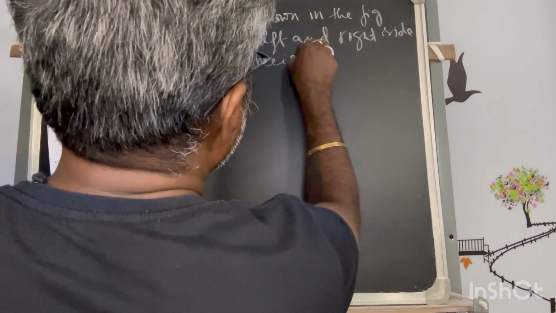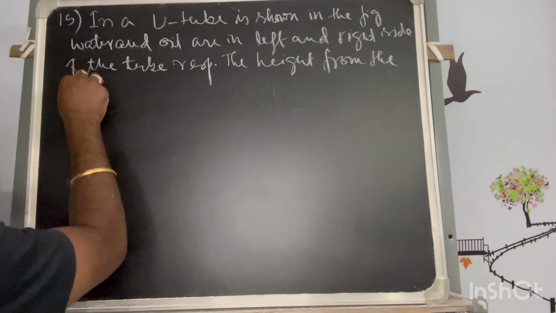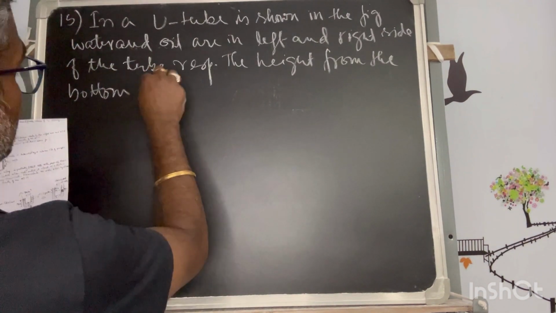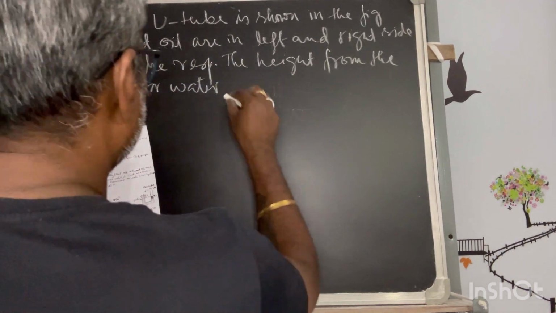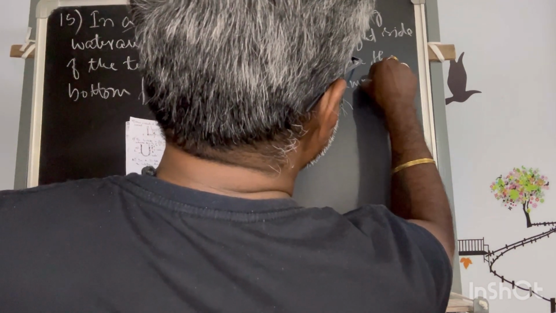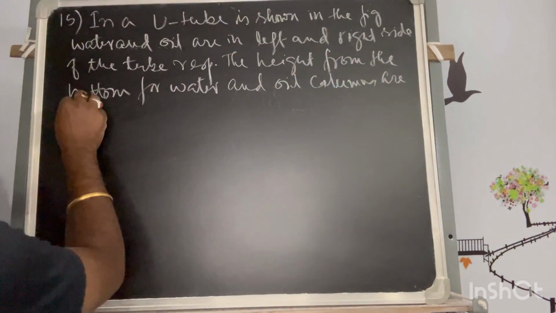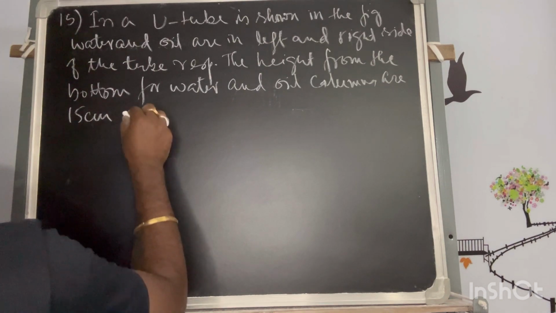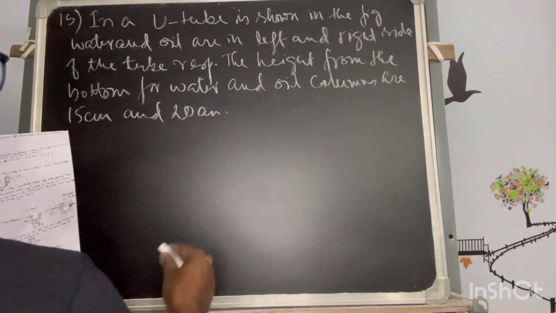The height from the bottom for water and oil columns are 15 centimeter and 20 centimeter respectively.